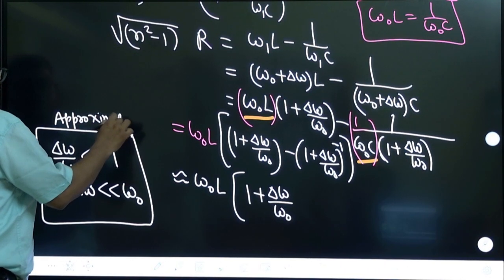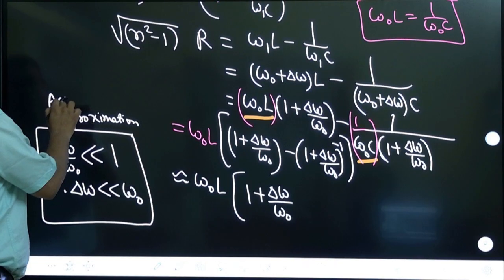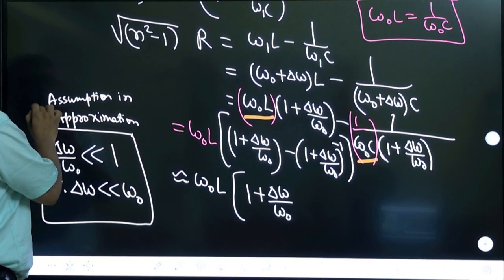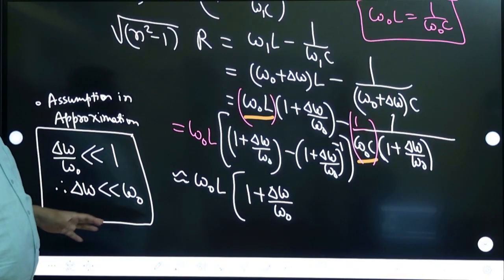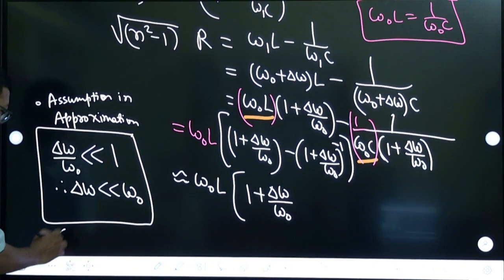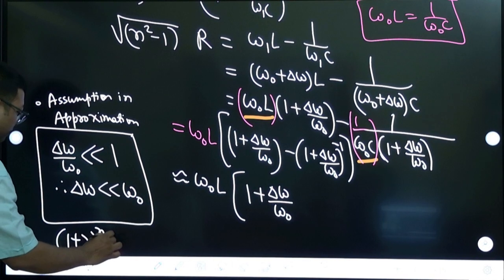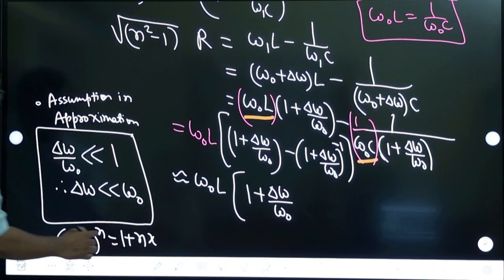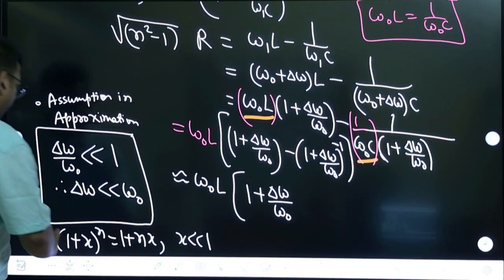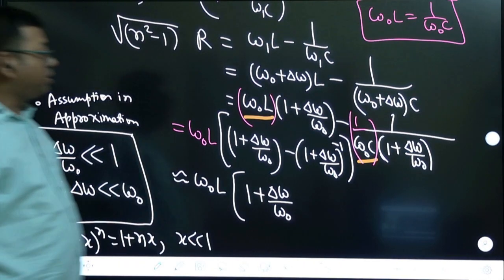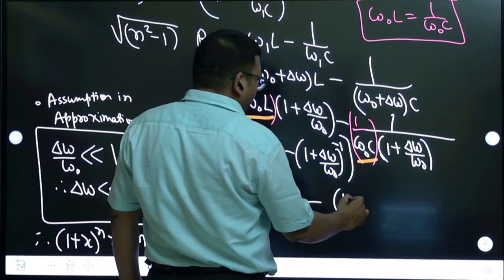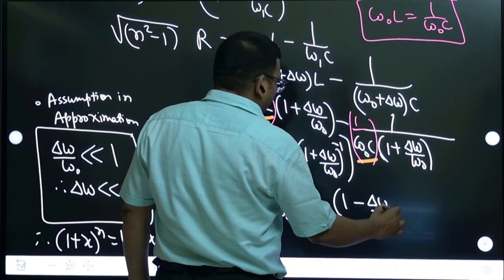While doing this approximation we make this assumption, and only then can we expand. You know the binomial expansion: 1 plus x power n becomes 1 plus nx when x is much smaller than 1. That is when we apply the binomial approximation. So here this is going to be 1 minus delta omega by omega naught.